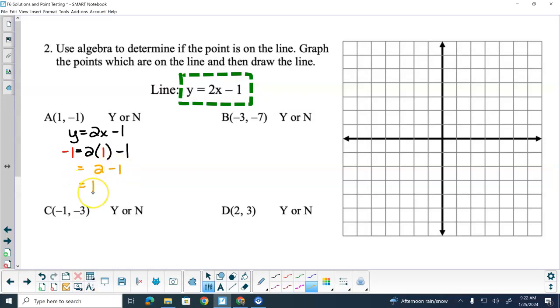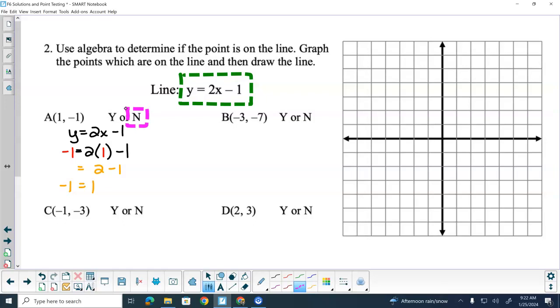That's going to be 1, right? Is negative 1 equal to positive 1? No? So this point is not on our line, and according to our directions, I am not going to graph it then. So I am done with point A in this particular problem.